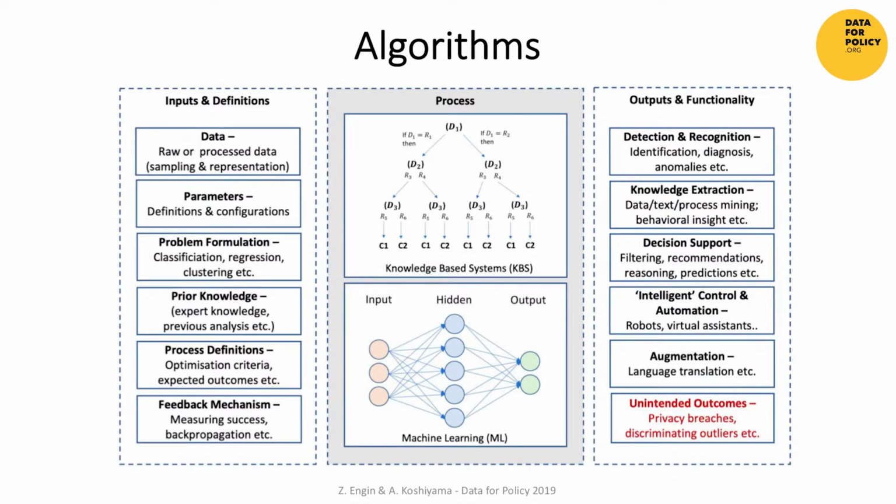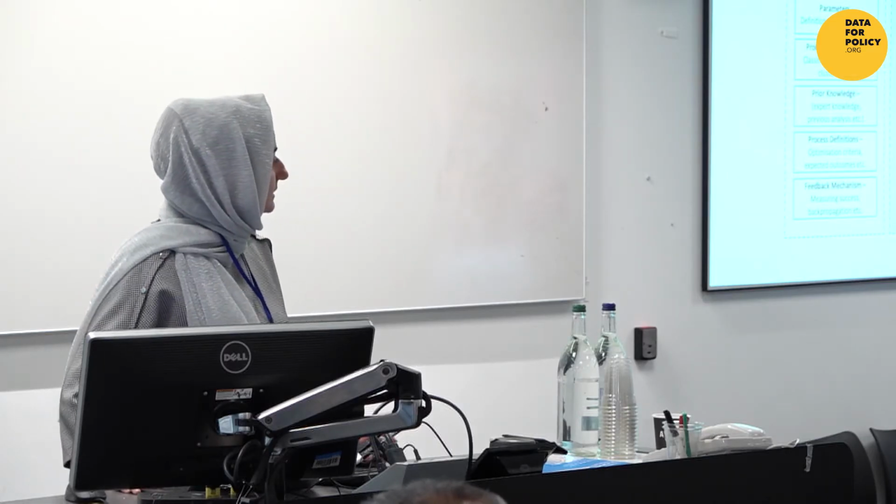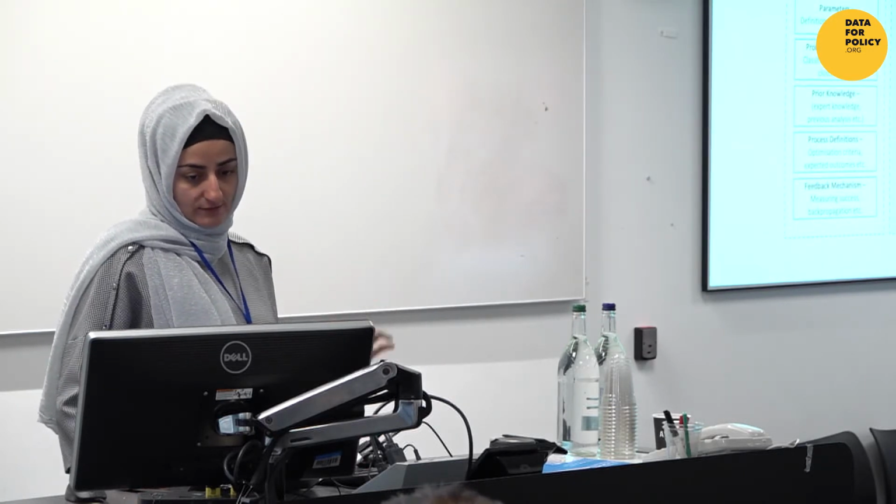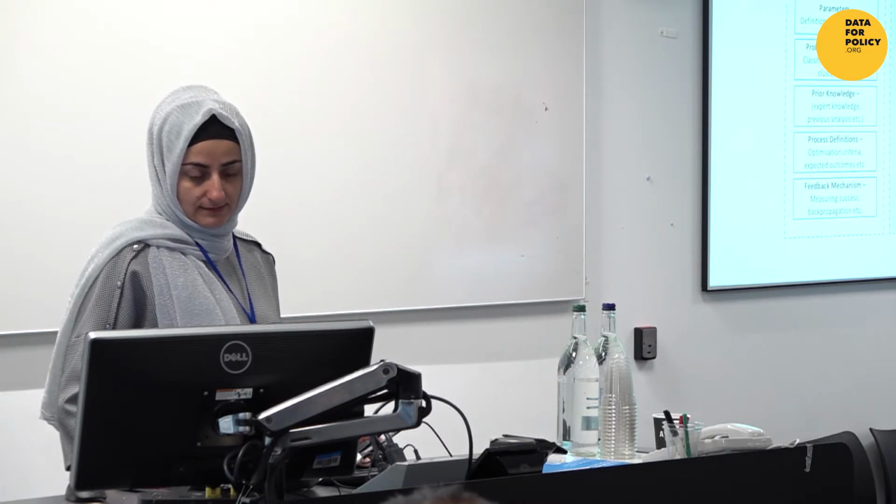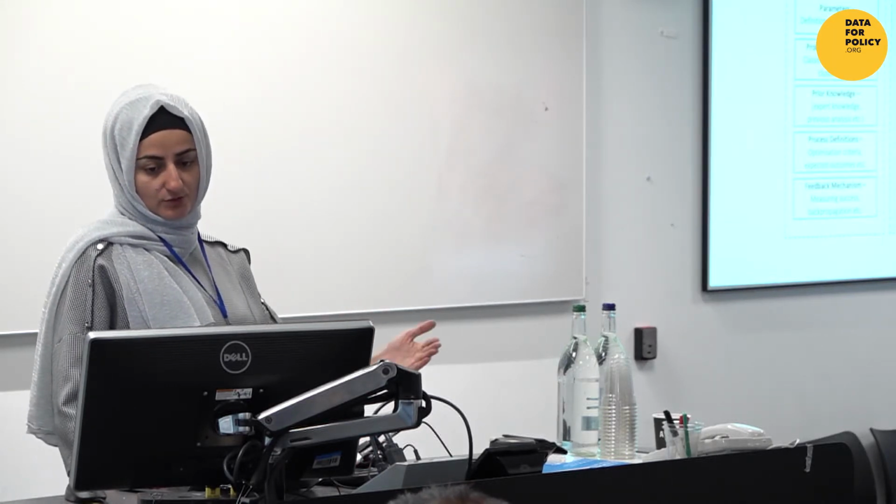It's not an easy task to drill down into what is happening in the algorithmic design stage. We have the inputs and definitions, how we put together what we are feeding into the algorithm, an overall list of inputs going into the algorithm, and depending on the process, if it's a knowledge-based system or a machine learning system, you have different parameters there as well.